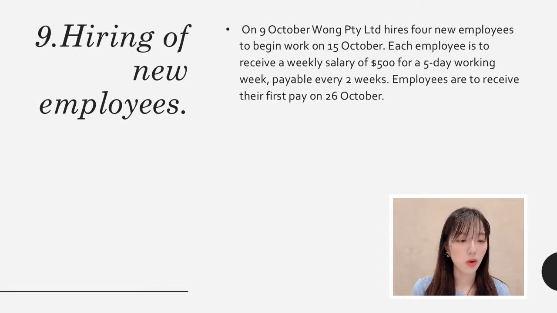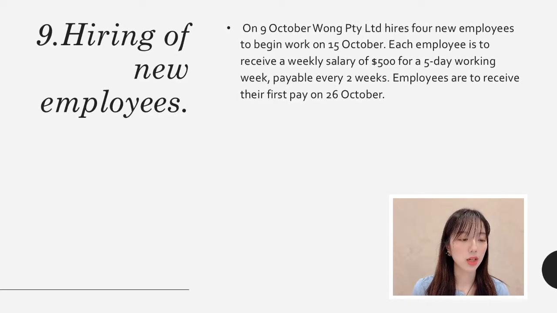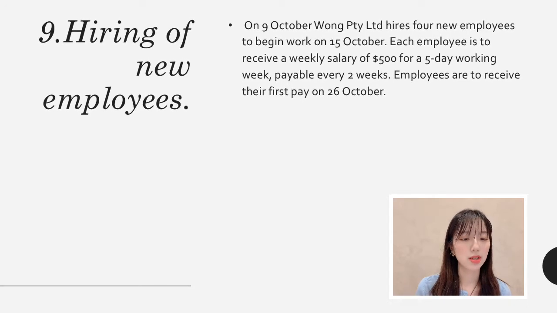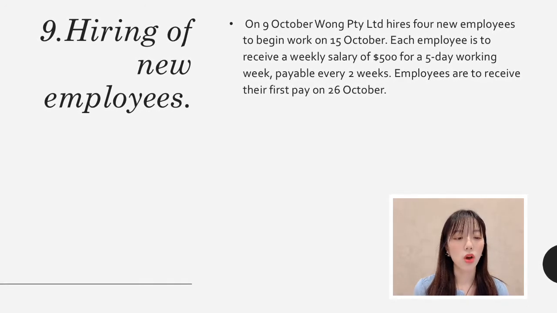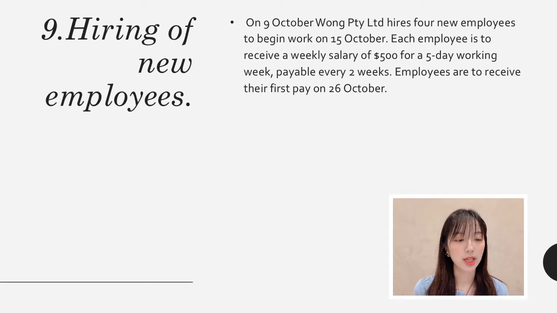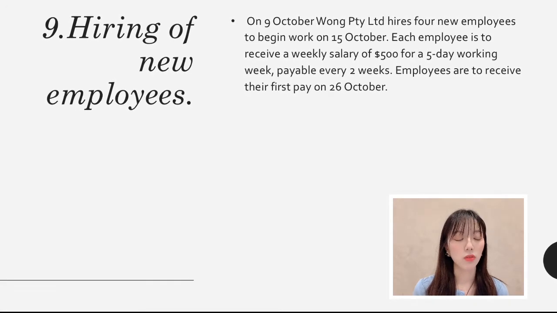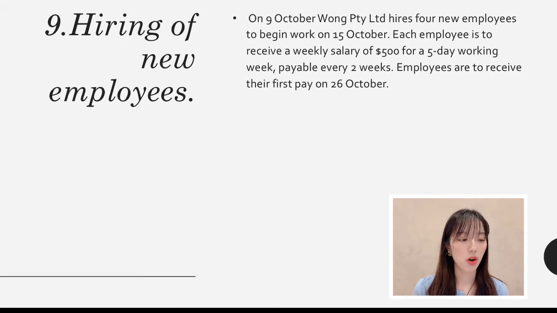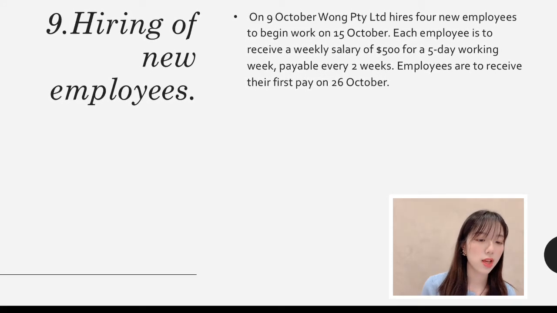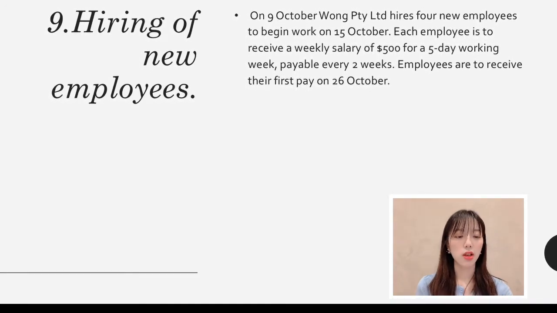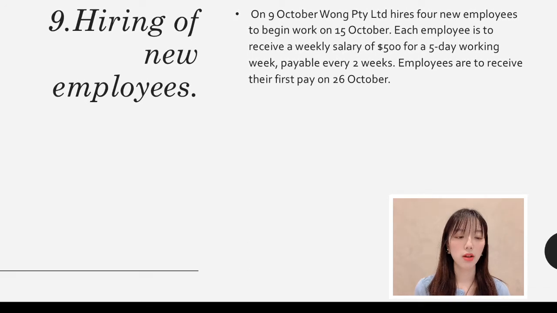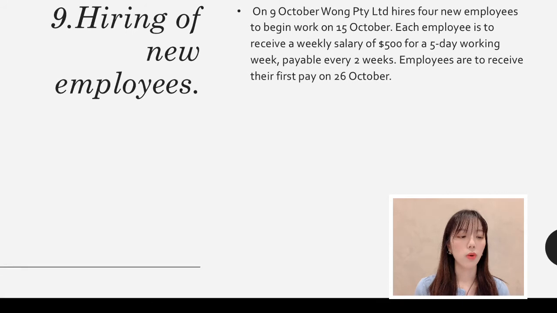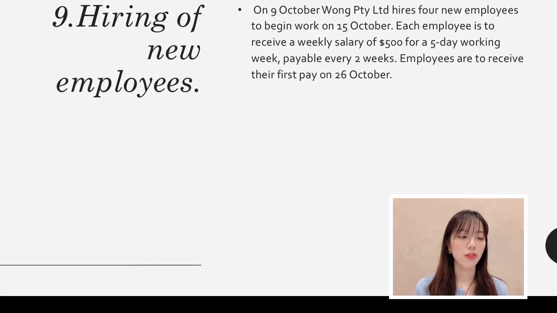There is no effect on the accounting equation because the assets, liabilities, and equity of One Limited have not changed. A transaction has not occurred. At this point, there is only an agreement that the employees will be at work on 15 October.